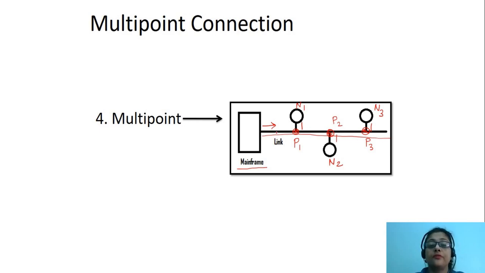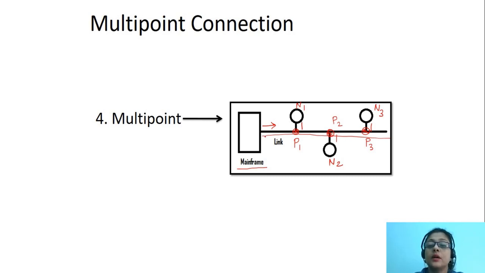But the only difference is that instead of directly getting connected to the central node, these nodes are connected to the central node with the help of a bus. This is known as the bus, and there are tapping points through which these nodes get connected. Now, this data coming from the mainframe is reachable to all the nodes that are connected.